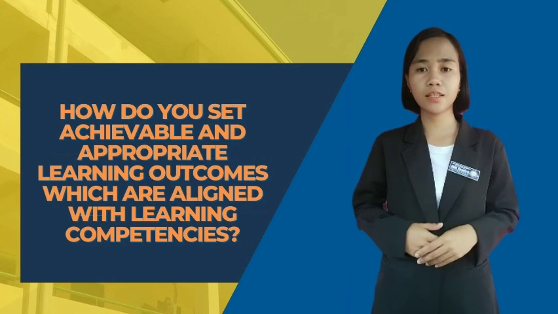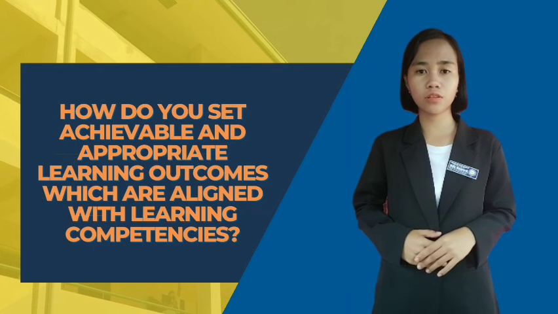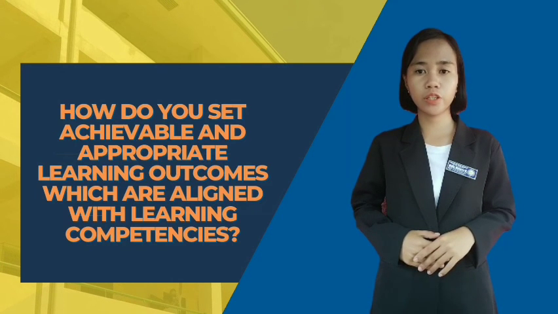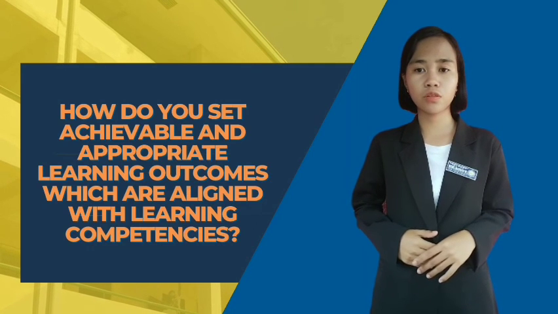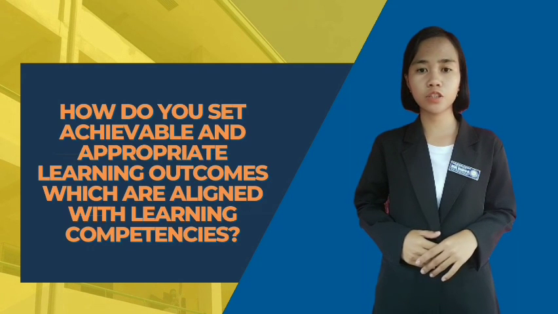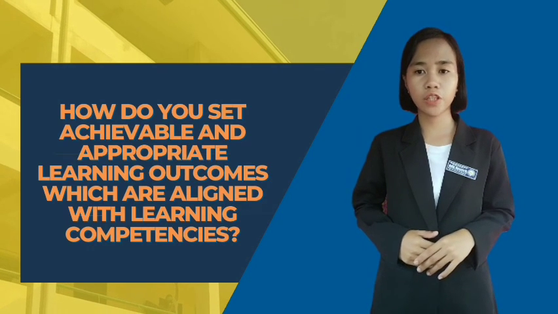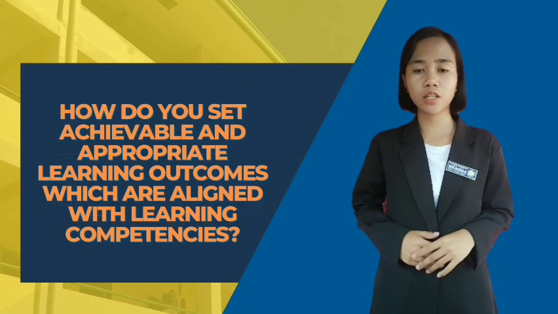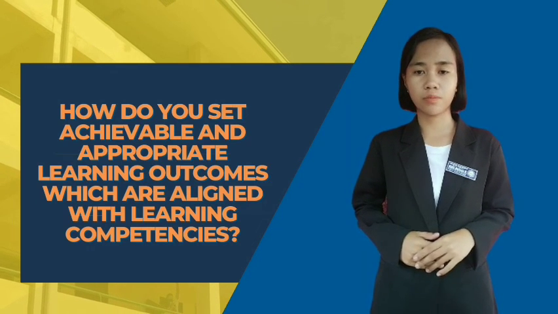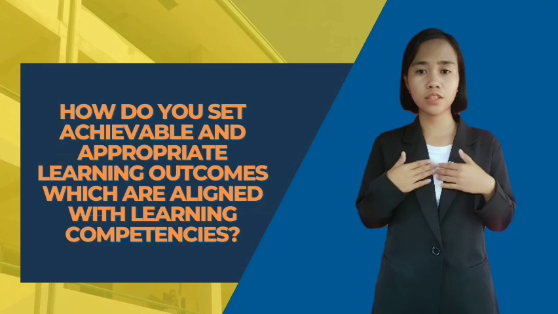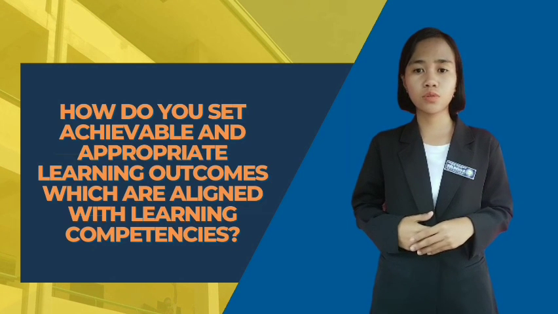How do you set achievable and appropriate learning outcomes which are aligned with learning competencies? For us, alignment with the competency for a level of knowledge goes along with appropriate learning outcomes. A reasonable structure is always founded on a true understanding of the desired outcome. Our goal as educators is to broaden and deepen students' knowledge.